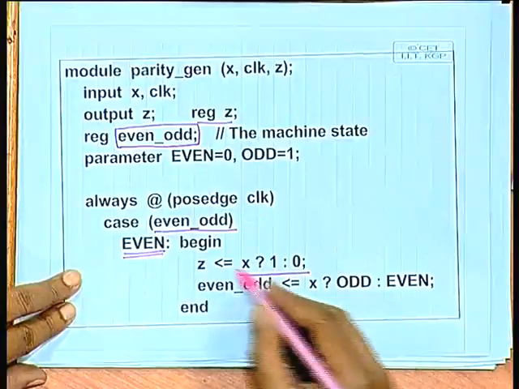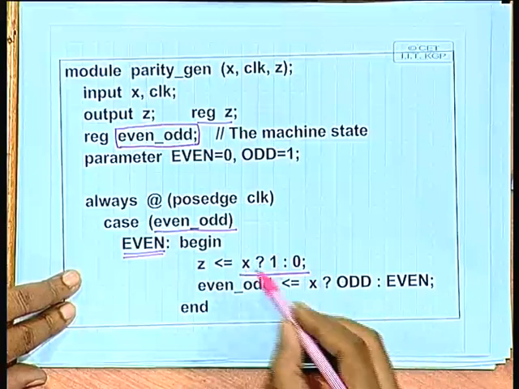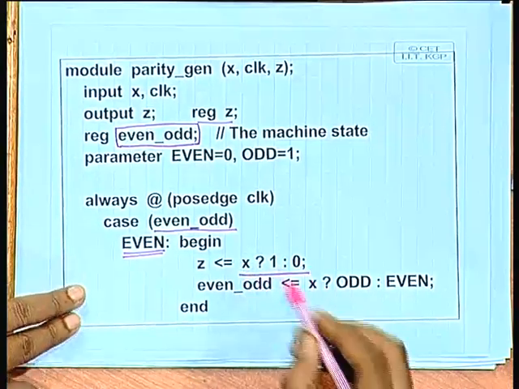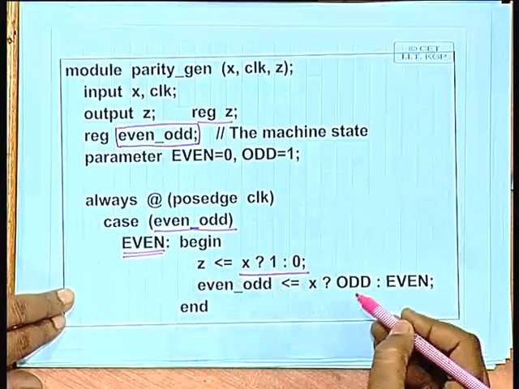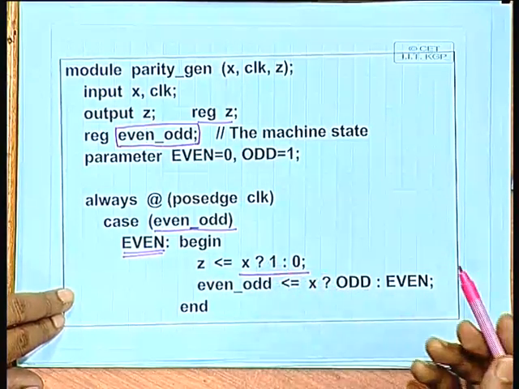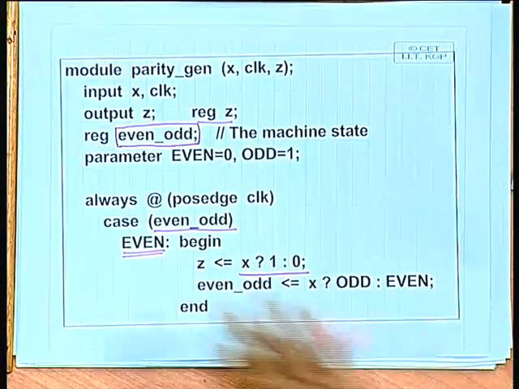Okay. So, here the style of modeling is the first one we have mentioned, using non-blocking assignments, where both the output logic and the state will be synthesized as flip flops. Similarly, if the state is odd, we do a similar thing.